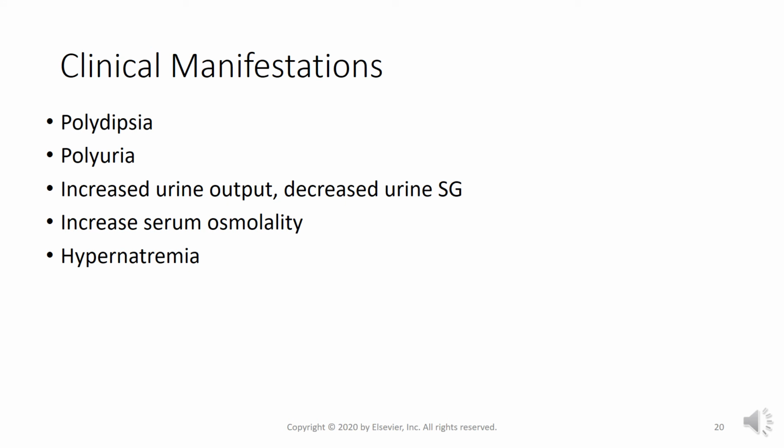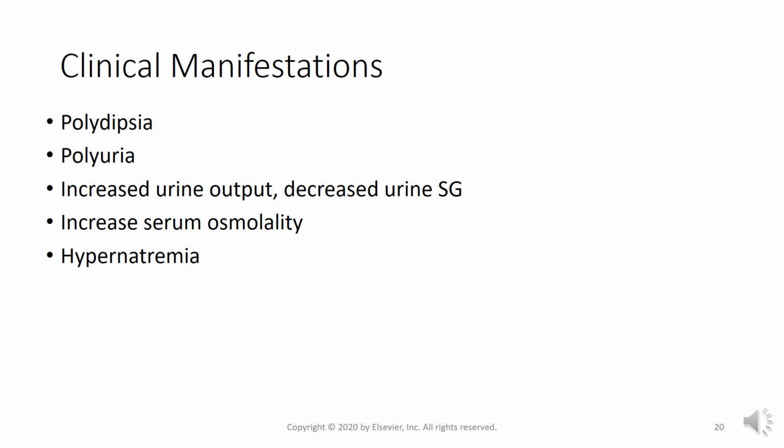So these clients have excessive thirst, so polydipsia and polyuria. Those are also common symptoms with diabetes mellitus, but again, this is different. Their urine is very dilute. They can have up to 20 liters a day, so they're really losing a lot of fluid.